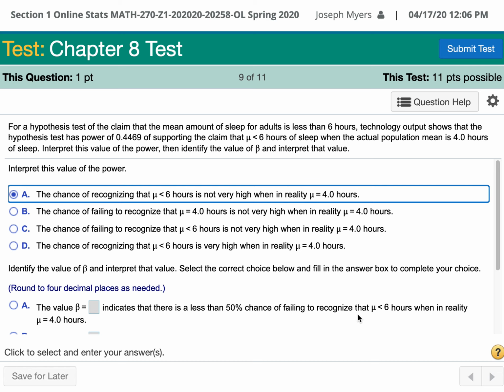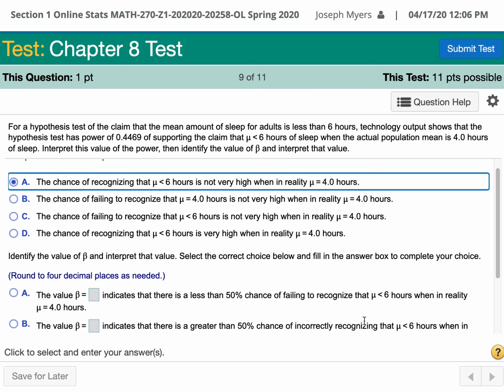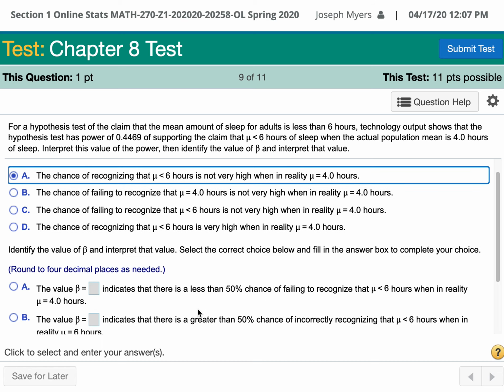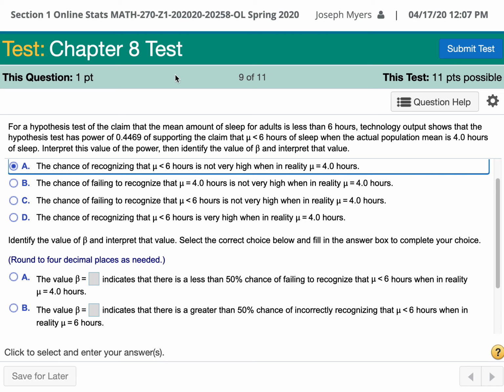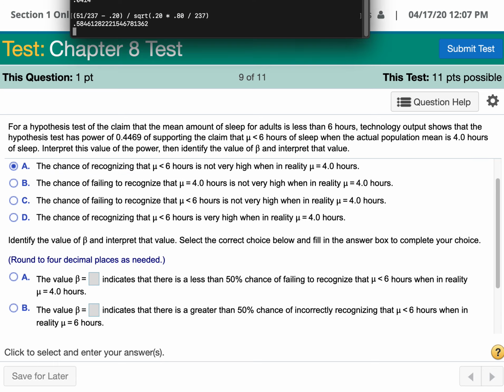All right, now I'll interpret the value of beta. So beta is equal to the probability of type 2 error, which is 1 minus the power. So the value of beta is, so let's do 1 minus 0.4469, and I get 0.5531.